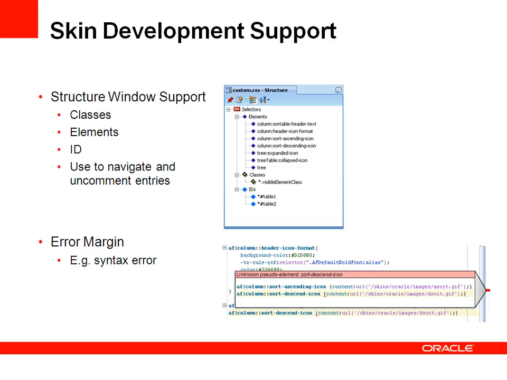Here you see the structure view or the structure window that shows the different areas of a skin definition file. You can click on one of the entries there just to be pointed straight to the skin definition, and at the bottom you see that there is an error message shown where one of the components or one of the selectors that I put in are not valid. So that is pointed out to me as soon as I have the extension installed.